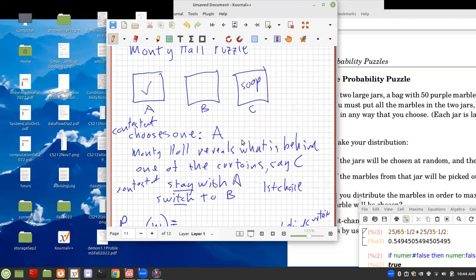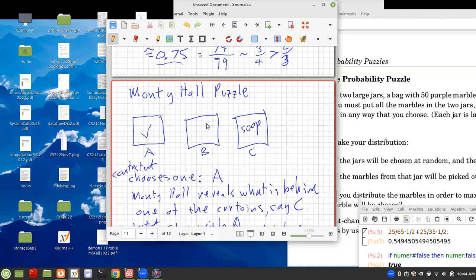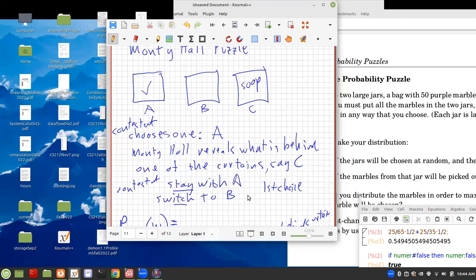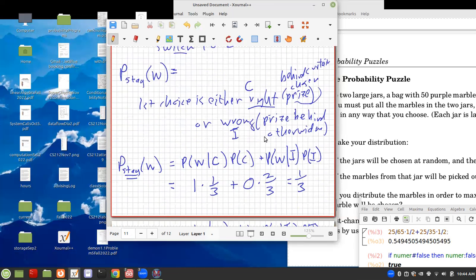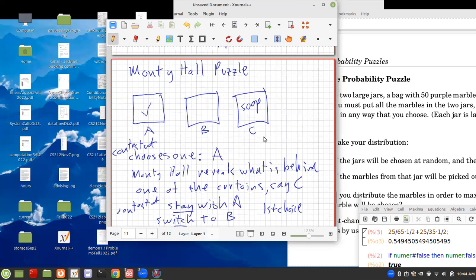It turns out that there's an interesting history behind this puzzle, in the sense that before this was understood, there's a column in the New York Times under the name of Marie Van Zandt. She presented essentially this analysis, maybe not using conditional probability, that if you switch 2/3 of the time, you would win, even though it looks like it doesn't matter, and that 1/3 of the time you would only win less than that.